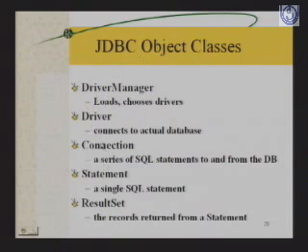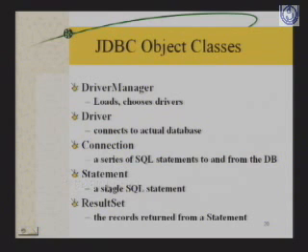So you can summarize here for your JDBC ODBC classes that driver manager loads and chooses the driver. Driver class or driver interface basically provides an object. That particular object you can create by calling the constructor or calling the method of creation of the object of that driver. And then connection, definitely you can call either on this driver object or on the driver manager to get the connection.